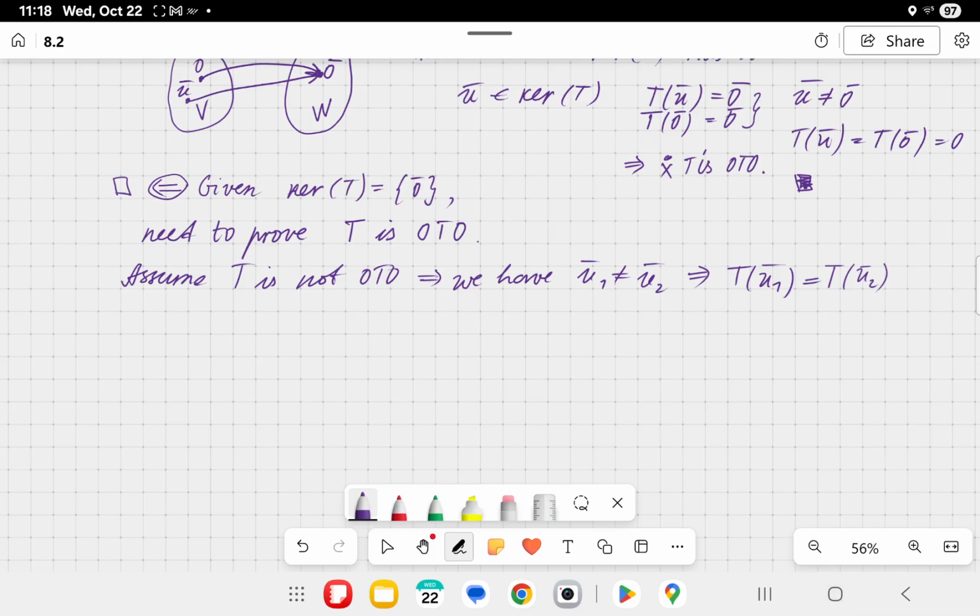So we have two different vectors going into the same vector in W space. Now, guys, since u1 is not equal to u2, I'm going to build a difference between them, u1 minus u2. Because they are not equal to each other, the difference is not going to be equal to 0. If they are equal, we subtract them and get 0. If they are not equal, the difference is not 0.